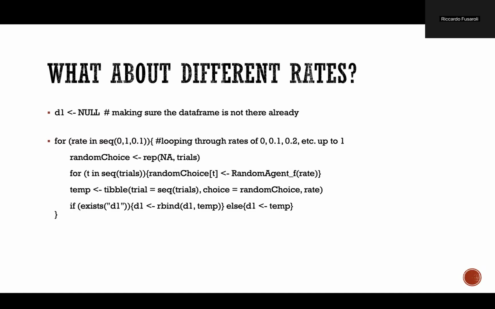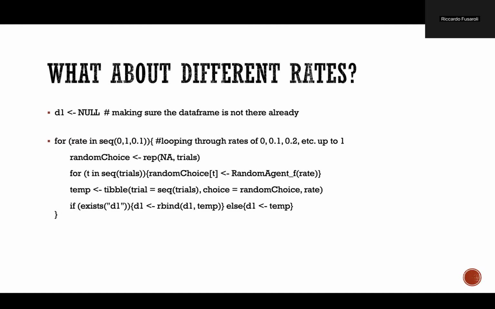Then we loop through all the trials and we fill in the vector for that very specific rate. Then we create a temporary temp table where trial is the sequence of trial and choice is the random choice. And then we add the rate. And then if D1 exists, we just append temp to D1. Otherwise, we just create D1.